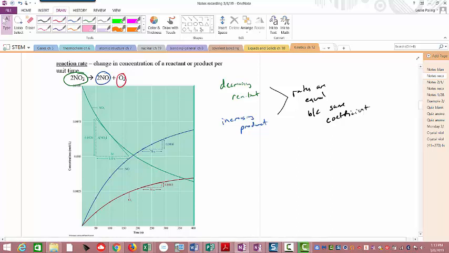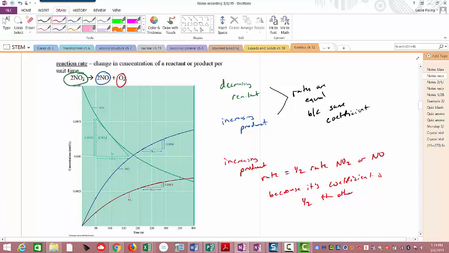Now if you look at the O2, it's increasing because it's a product, but its rate is 1/2 the rate of the NO2 or NO, because its coefficient is 1/2 the other coefficient.